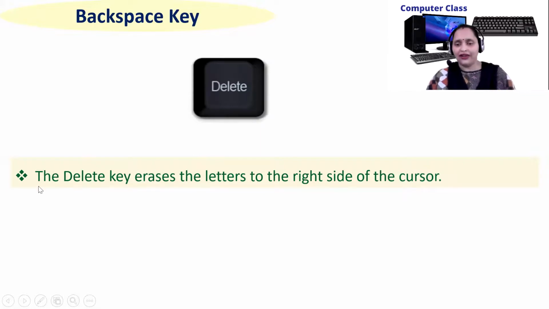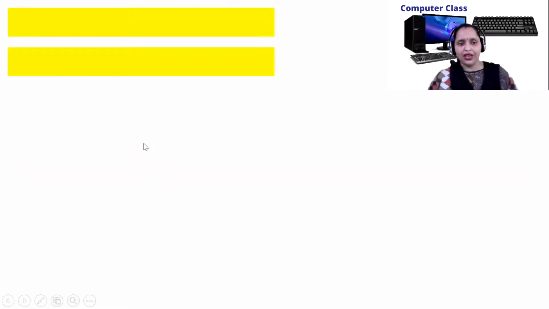Just now, I told you that the backspace key is used for erasing the letters or numbers towards its left, but the delete key always erases the letters or alphabets towards its right. Let's do a small practice, children.